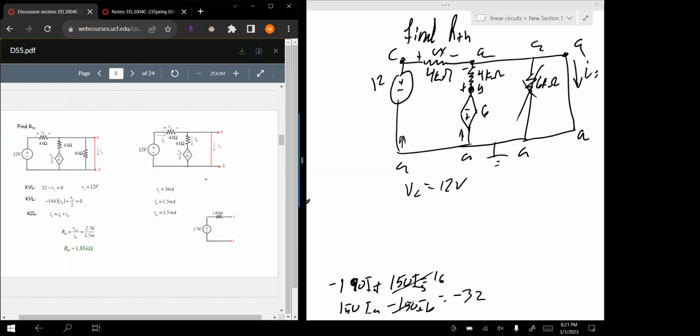I don't know if you can really KCL node A here. Isn't that what they did? Or did they do IX going? Yeah, they did KVL IA. They're having different... I don't know.